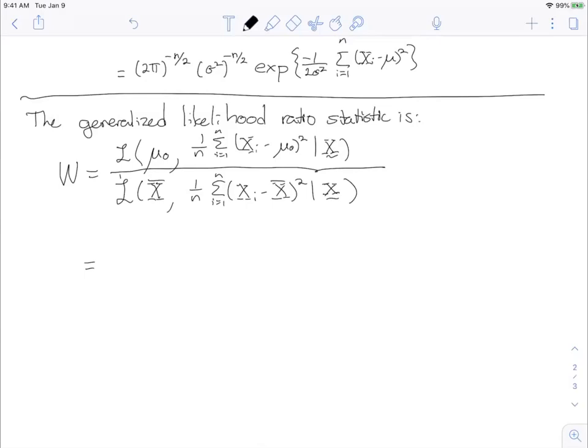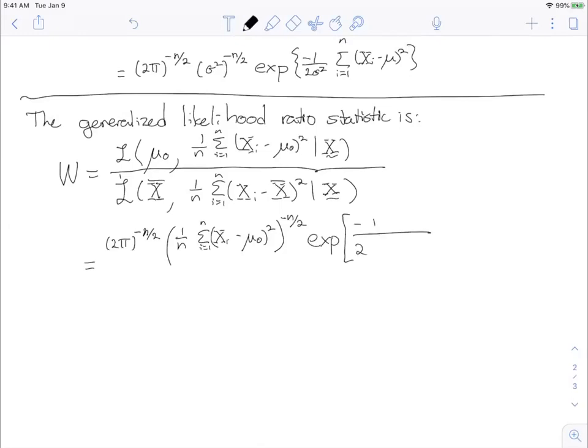Okay, so I've got a 2 pi to the power of negative n over 2. And then a sigma squared, but where there's a sigma squared, I'm going to put in 1 over n sum i equals 1 to n xi minus, for the numerator, mu0 squared. So that's my value of sigma squared. In the expression at the top of the screen, the exponent should be minus n over 2. And then times e to the power negative 1 over 2.